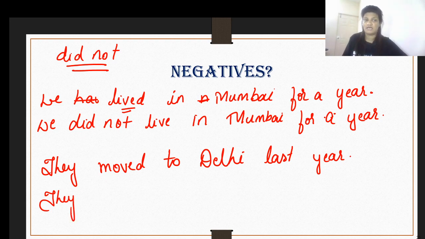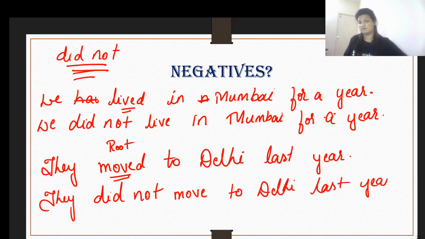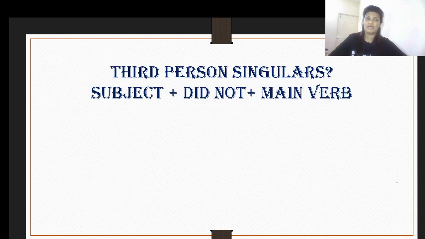Subject remains intact. We bring in did not. We did not. And this gets converted into the root verb. Thereby we did not move to Delhi last year. So these are the negatives with the subject I, you, we, and they.